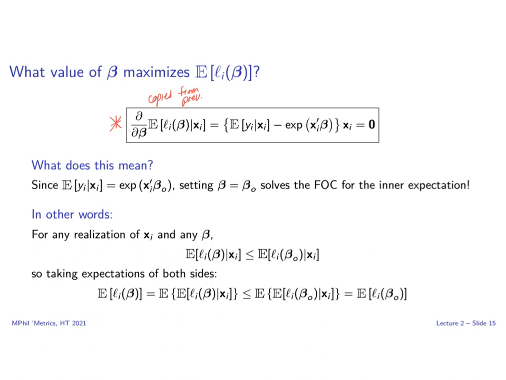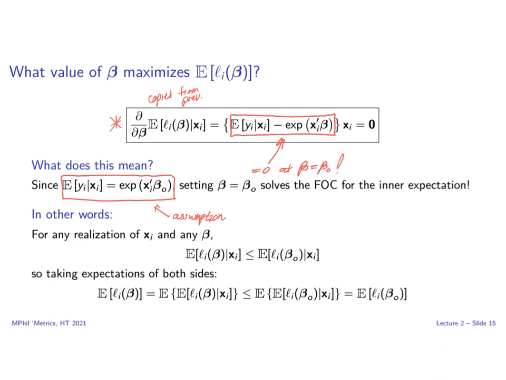Well, remember that I assumed that the expectation of y given x takes the form e to the x prime beta for beta equal to this true unknown parameter value beta naught. Well, taking a closer look at this first order condition, notice that if that's right, then I can make the object in the curly braces exactly equal to 0 by choosing beta equal to beta naught.